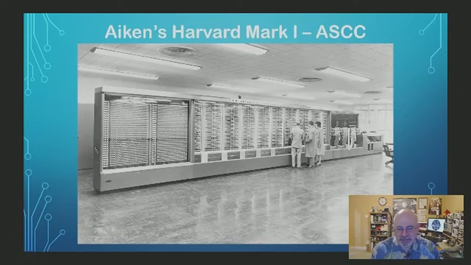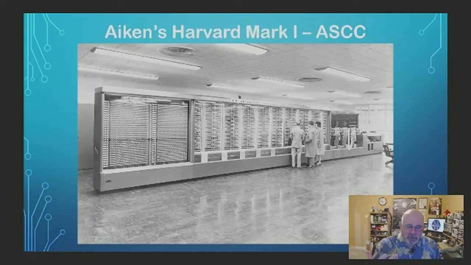So, what about the U.S.? What happened in the US in those times? In 1937, there was a group that was already working on a machine inspired by the same analytical engine that Babbage tried to put together, many, many years ago, 100 years ago.